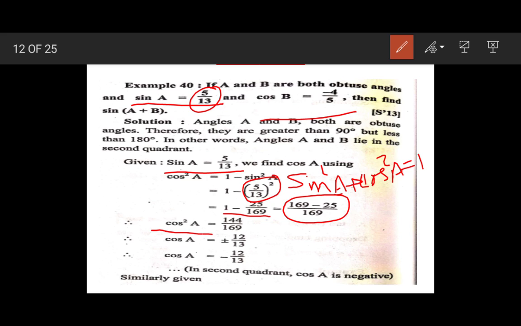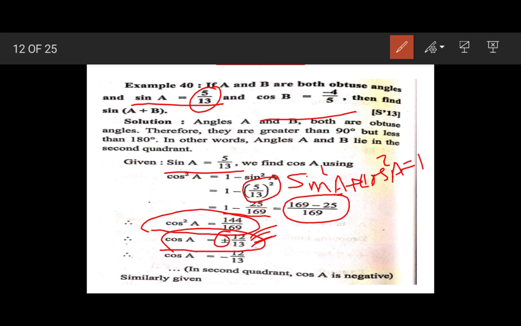So cos square A is equal to 144 upon 169. Therefore cos A is equal to plus minus, which is very important, plus minus 12 upon 13. Now whether it is plus 12 upon 13 or minus 12 upon 13.